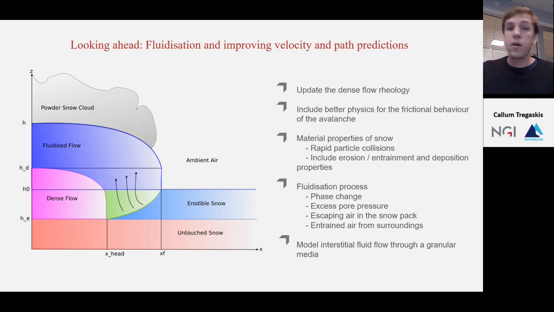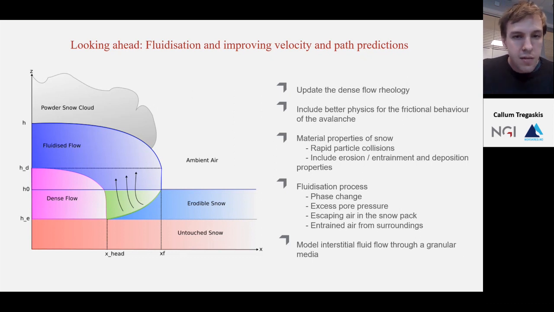So how we go about doing that is to look at these sorts of properties that we talked about before, but try and specialize them more specifically for snow. So we want to look at how the flow moves, and then we want to look at the material properties of snow, how the rapid collisions work, and all these sorts of properties.